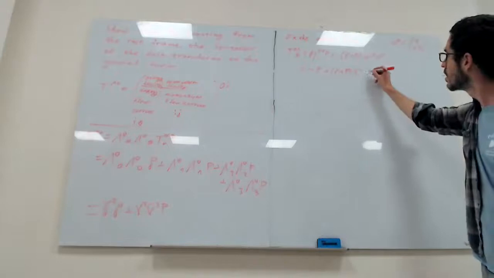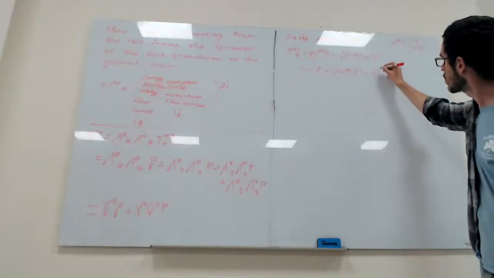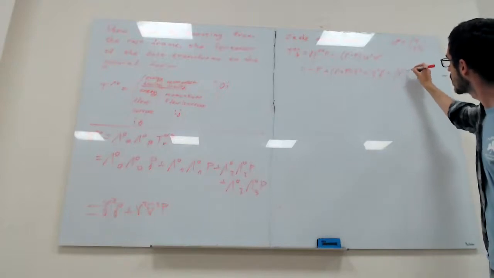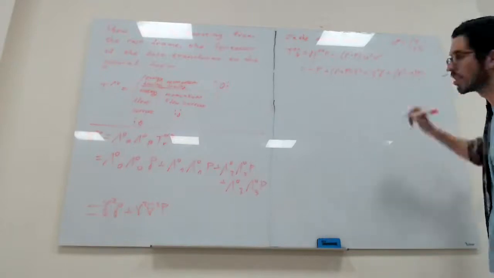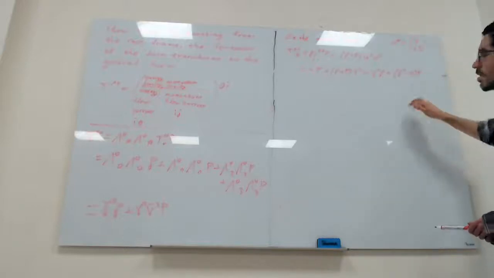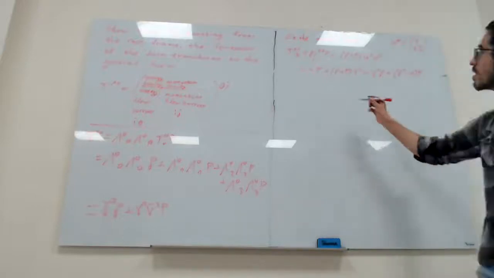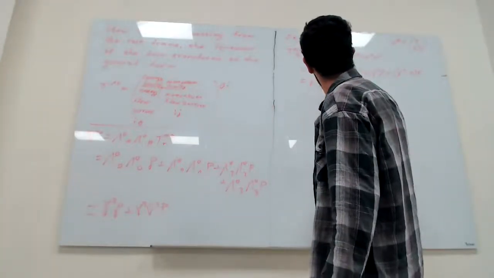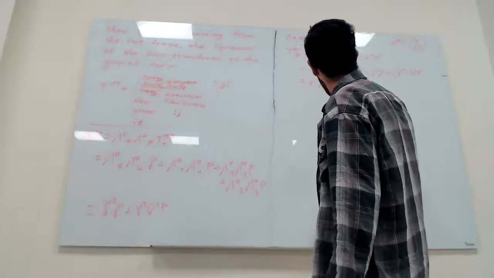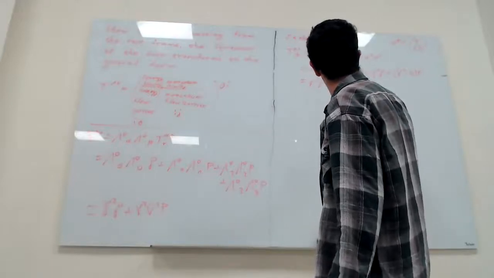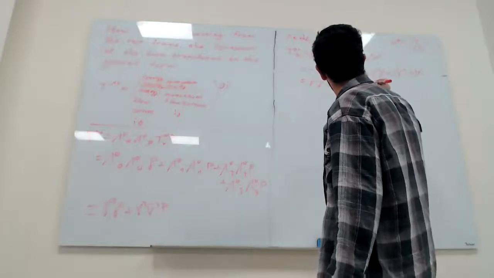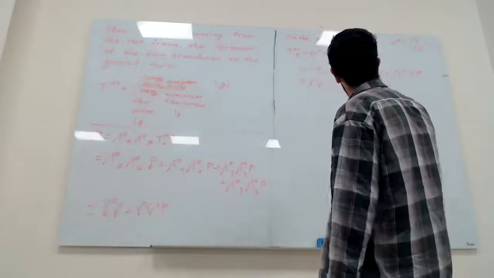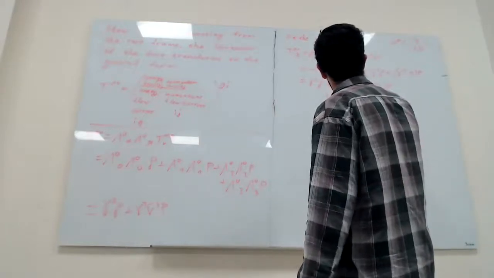So we have gamma squared rho, which is good. We have gamma squared minus 1 times p. What is gamma squared minus 1? Gamma squared is 1 over 1 minus v squared, so gamma squared minus 1 is v squared over 1 minus v squared. You can easily see that this equals v squared gamma squared.